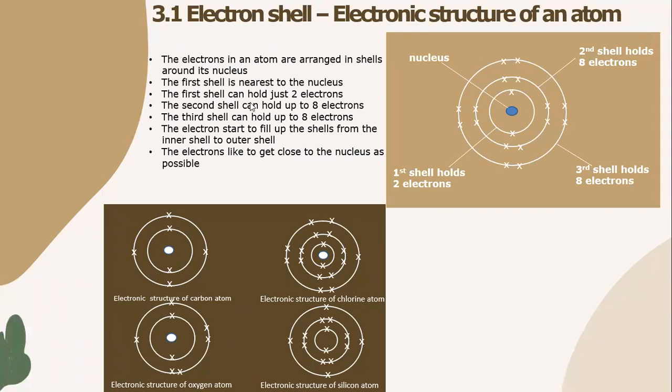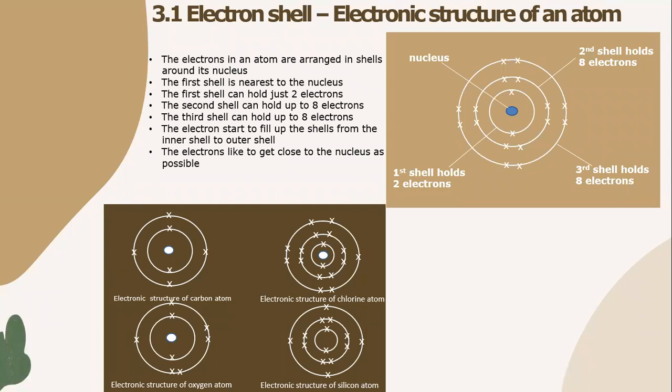The first shell is nearest to the nucleus and can hold just 2 electrons, and the second shell can hold up to 8 electrons, and the third shell can hold up to 8 electrons. If an atom has 4 shells, it also can hold up to 8 electrons.